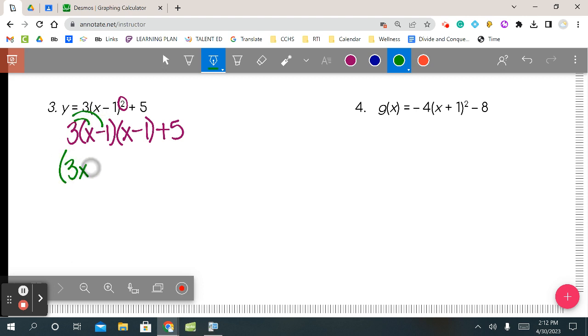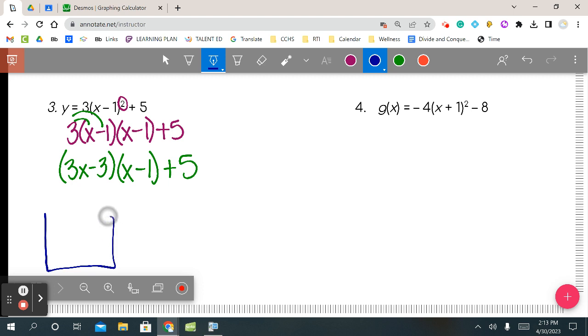So 3x minus 3 and x minus 1 plus 5. Do your box method. So 3x minus 3, x minus 1. So I am going to get 3x squared minus 3x minus 3x and a positive 3. I forgot about that plus 5 right there.